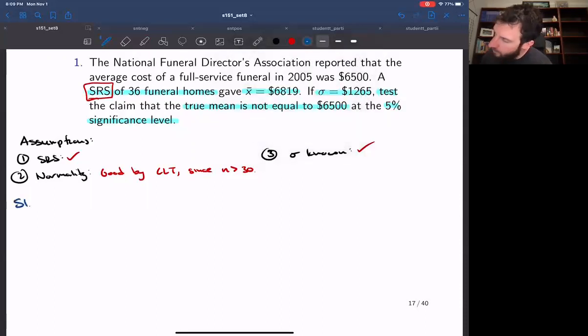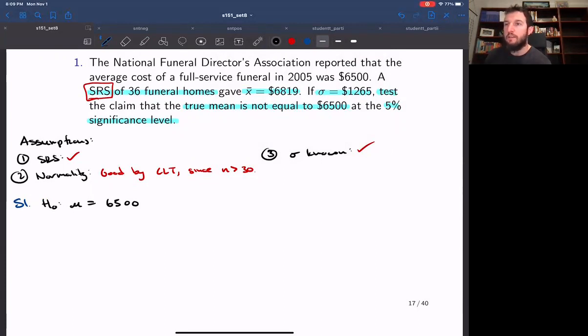Okay, so step 1, we're going to write out the null and the alternative hypothesis. So the null hypothesis is always mu equals the theoretical value, which in this case is 6,500. So we're asked, test the claim that the true mean is not equal to 6,500.